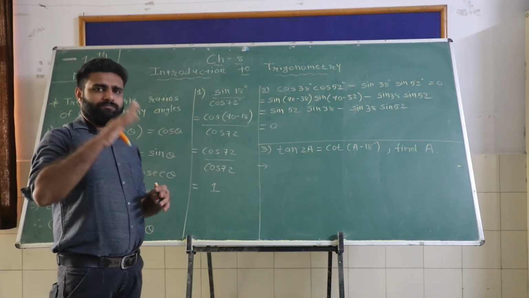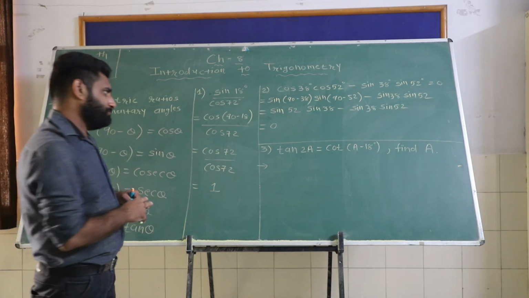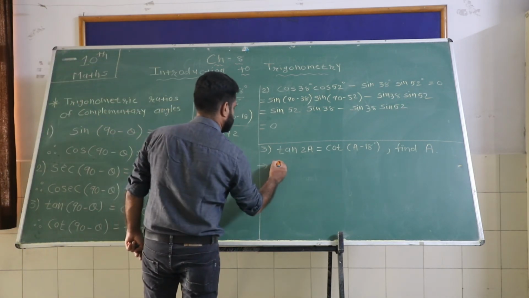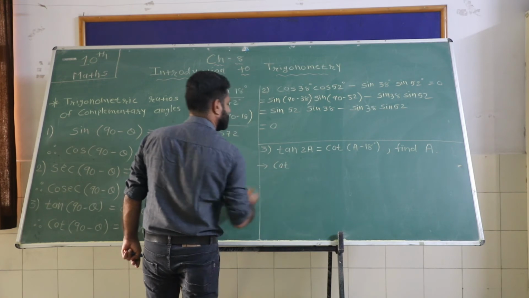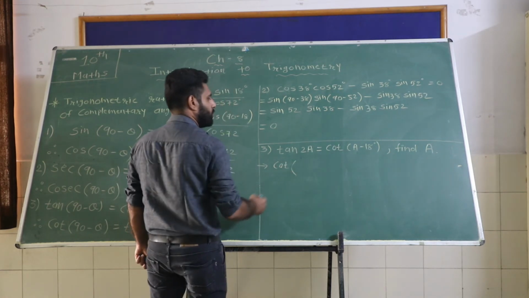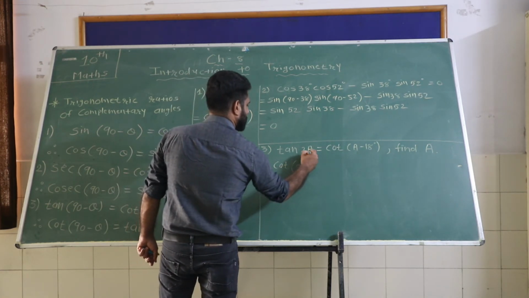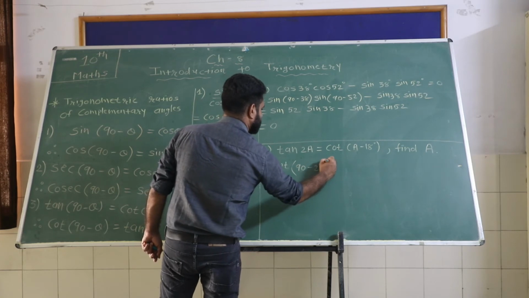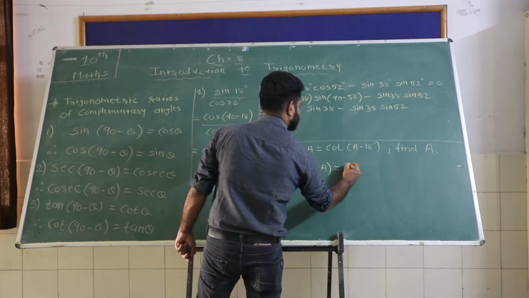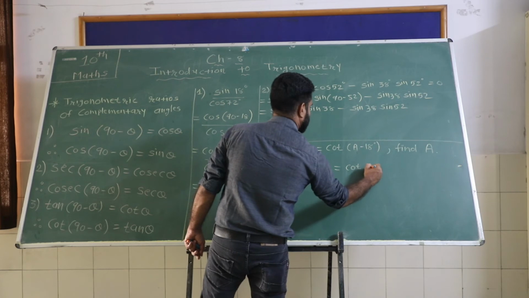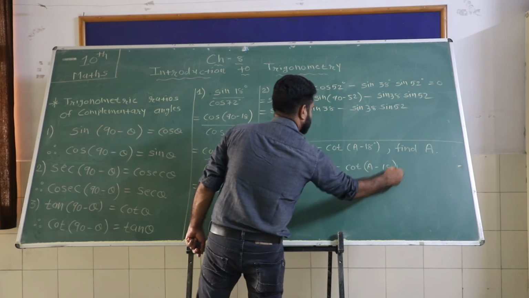Again I am changing one of them. Let's change tan, so it will be cot(90 - 2a), and cot(a - 18) stays as it is.